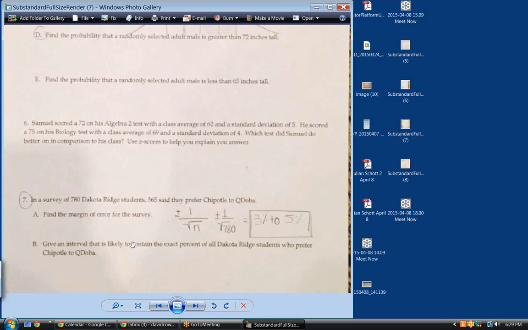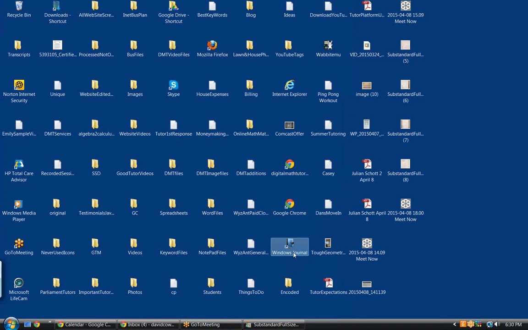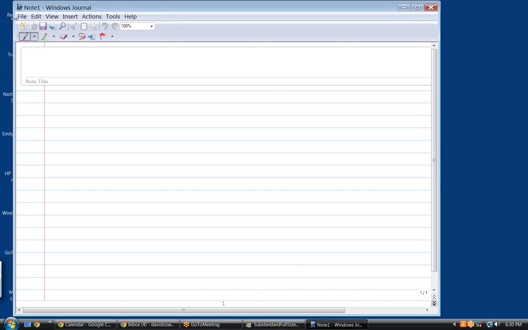Give an interval that is likely to contain the exact percent of all Dakota Ridge students who prefer Chipotle to Qdoba. Well, what do we have? We have 365 compared to 415. Wow, I can't believe I've run this whole session without this thing being open. It's okay.